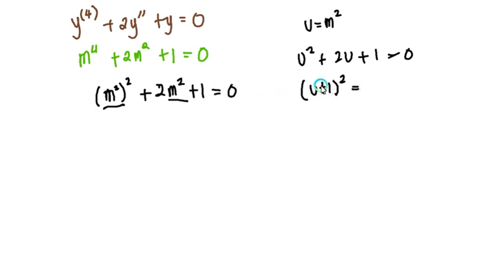So, since we have u plus 1 squared, substitutean ko lang ang u. Therefore, that is m squared plus 1 squared is equal to 0.